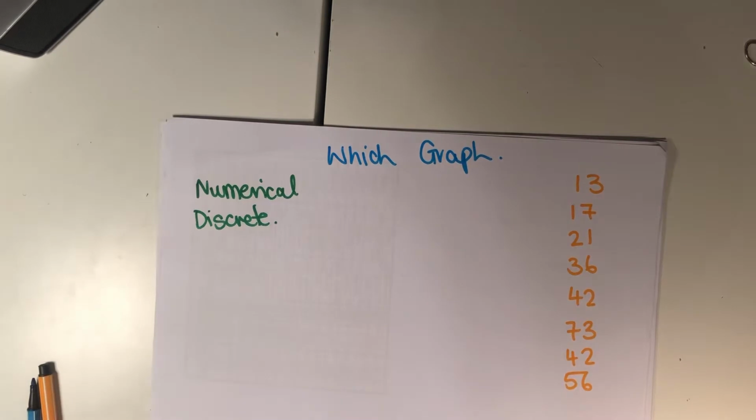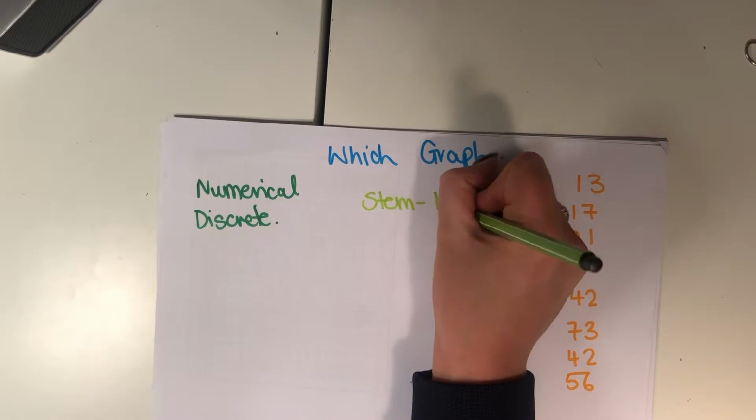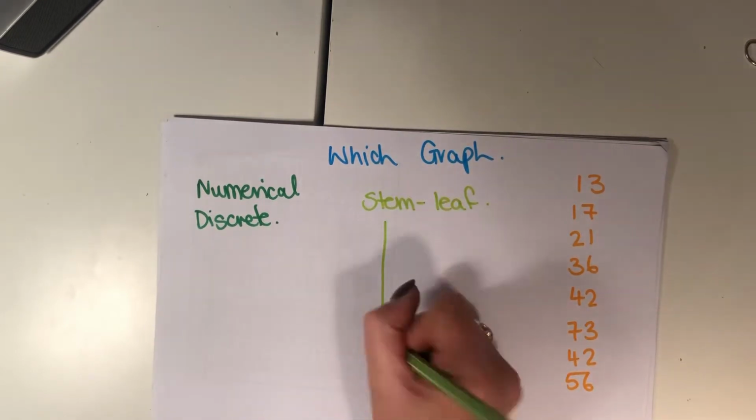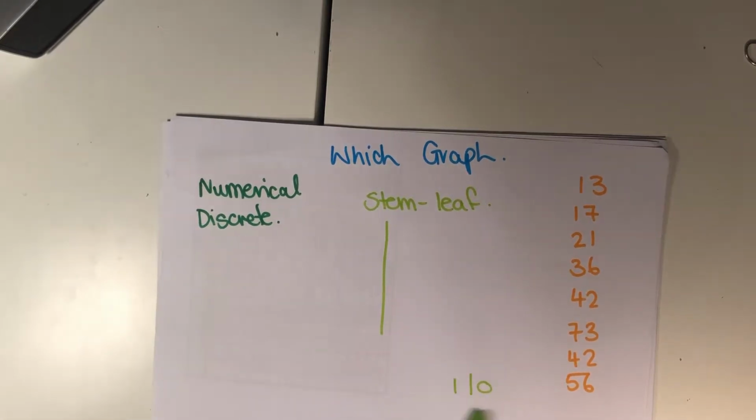And my options that I can do for this, I could do a stem and leaf. Now to do this, I'm going to set my stem up here and I'm going to set my legend down here because I need to remember that I have to have my legend. So my stem is going to be broken up.